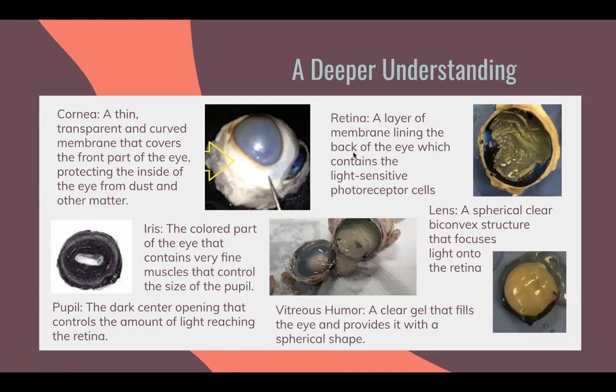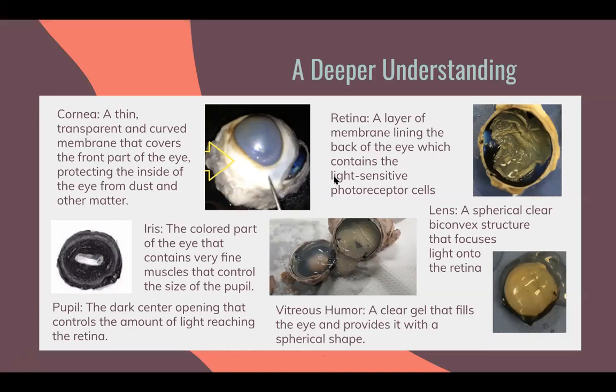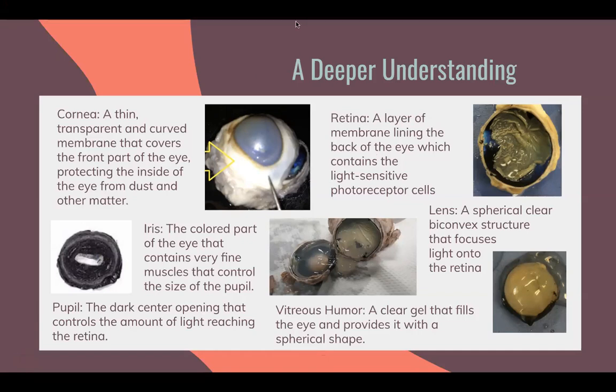So the iris, I don't really have a comparison to it, but a fun fact is people with blue eyes don't have blue pigment. I'm sure you may have known that before. Blue pigment is not found in nature.